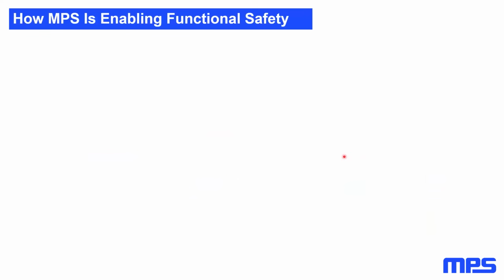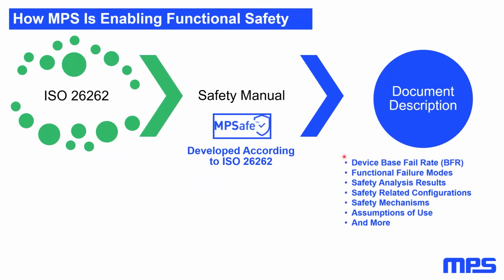Furthermore, MPS is enabling the safety by following the ISO 26262 and providing the safety manual that is developed as a safety element out of context, according all the way to the ISO 26262. And those documents include the device base failure rate, or the BFR, the functional failure mode, the safety mechanism, the assumption of use, and much more information.